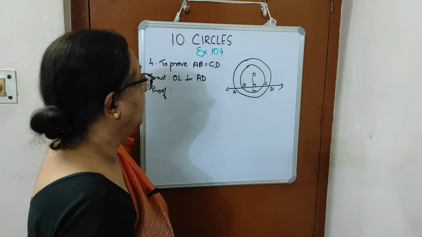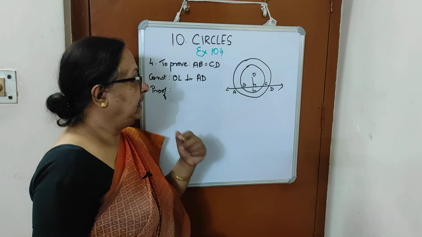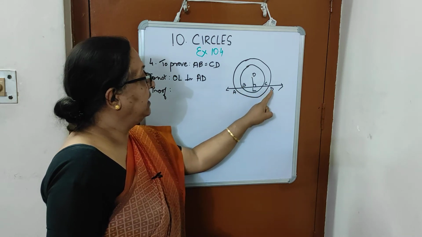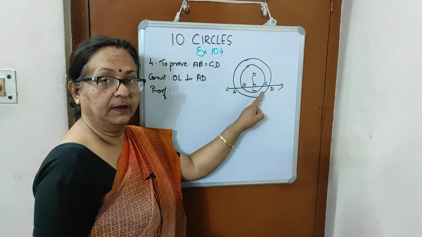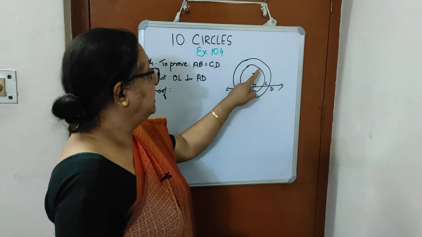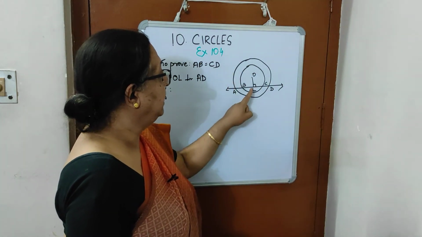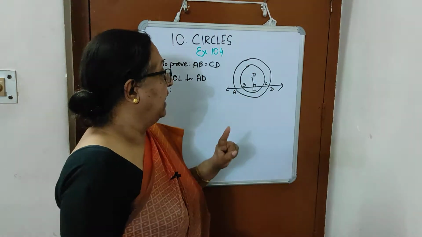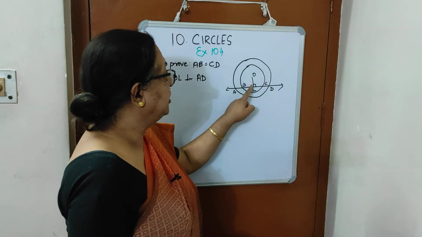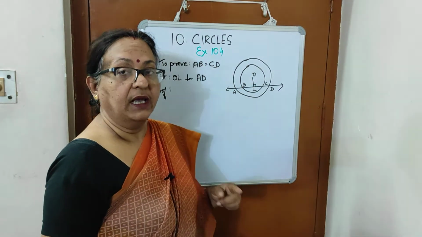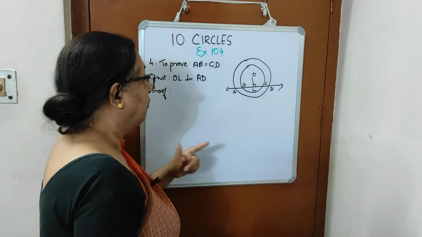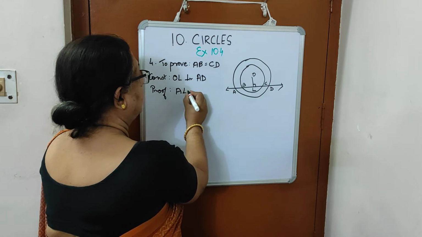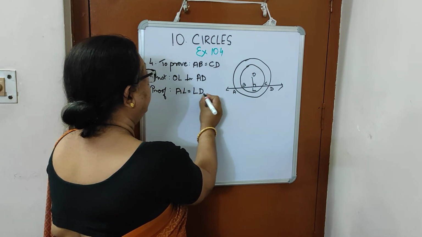Now just see here, O is the center of the circle and AD is the chord of the bigger circle. Listen children, O is the center of the big circle, AD is a chord of the circle, and perpendicular from the center to a chord bisects the chord. This property is known to you. Okay, so what can we write? AL is equal to LD.